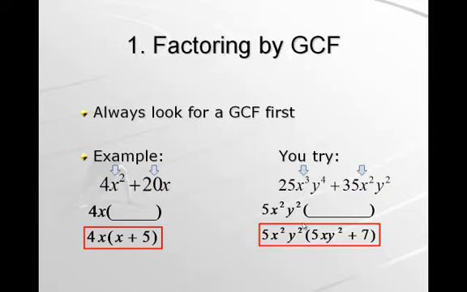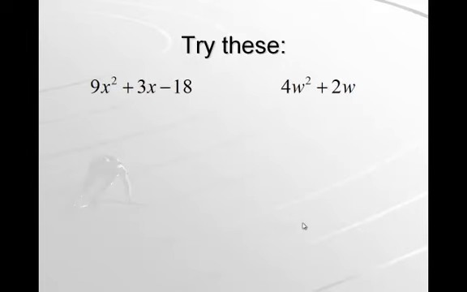Both of my x's are gone. Both of my y's are gone. So just 7, no variables left with that second term. The final answer looks like this. 5x squared y squared represents your greatest common factor. Parentheses, 5xy squared, that's leftovers from your first term, plus 7, that's left over from your second term.